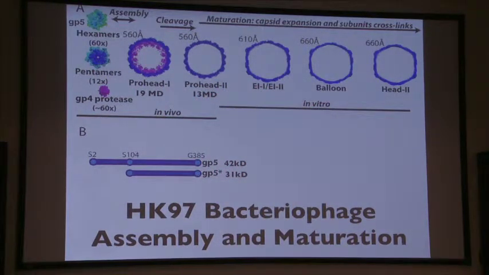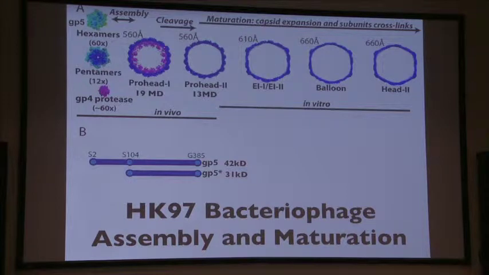We've devoted a lot of time over the years to be able to get moderate to high resolution structures of many of the intermediates that exist between the initial assembly product that's formed by the capsid protein and a protease that's packaged inside.